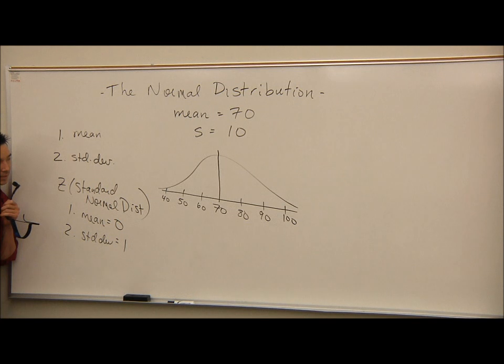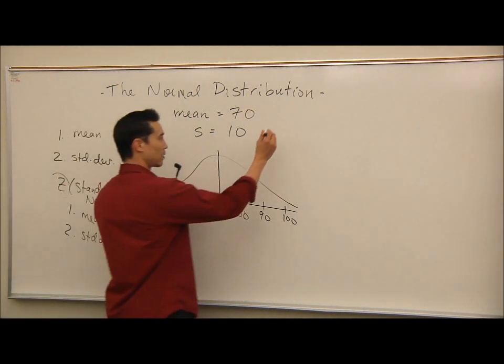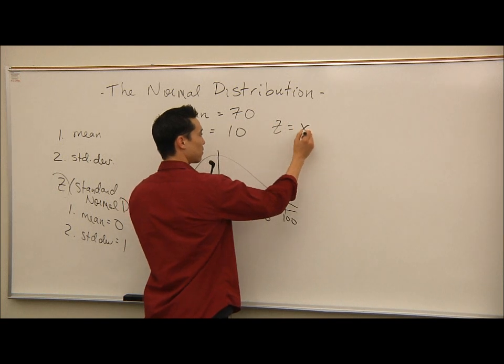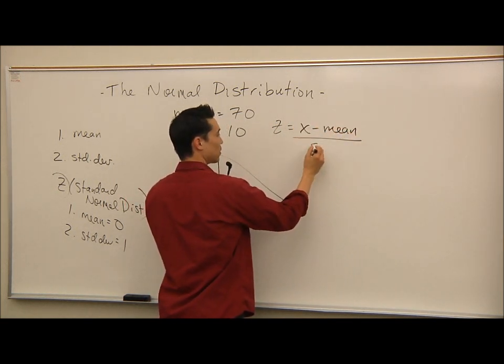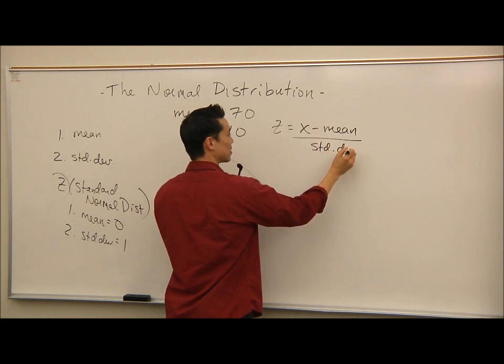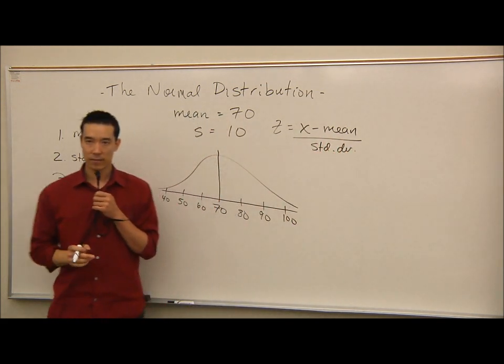All right? How do you transform a normal distribution to a standard normal distribution? Well, it's something we've already learned in our class. Z. Okay? What was my formula for z? How do I do a z-score or z-value? It's x minus the mean over the standard deviation, right?